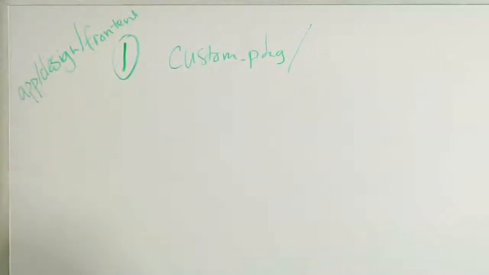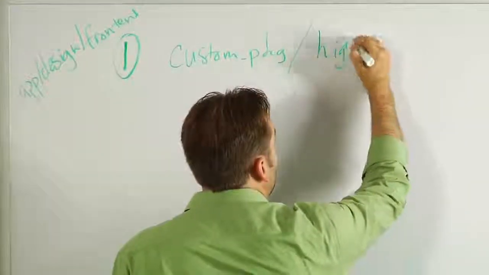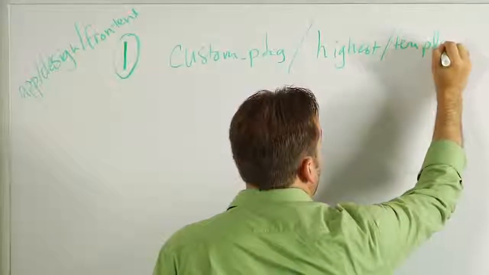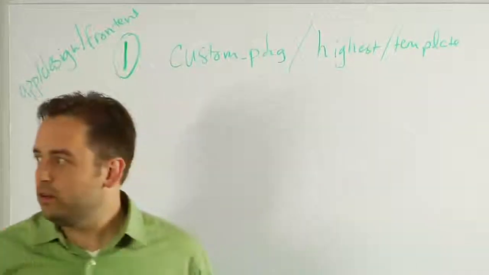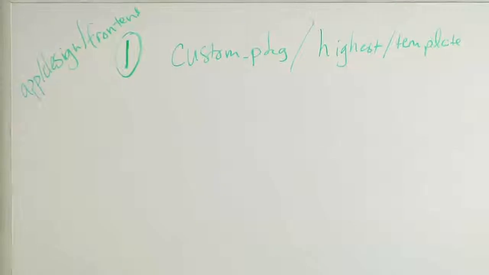For templates, we look in highest template. Now, for layout or skin or translations, the first place that it would look would actually be in training. Does that make sense?